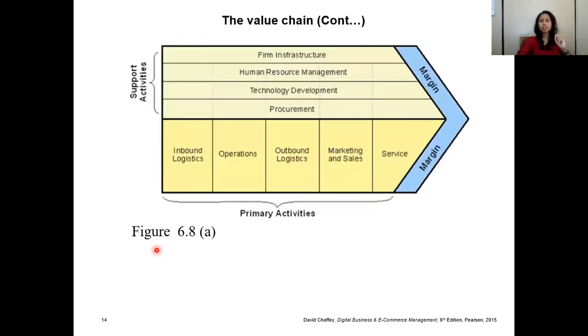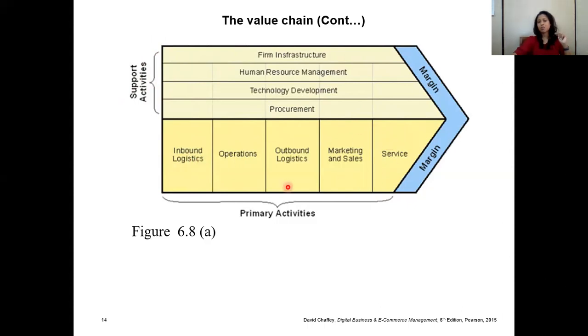If we look at this figure 6.8a, here there's an illustration of the support activities and the primary activities. These are the core activities which are directly related to getting the goods and services to our end consumers. On the other hand, these activities provide the support necessary to execute these operations smoothly.